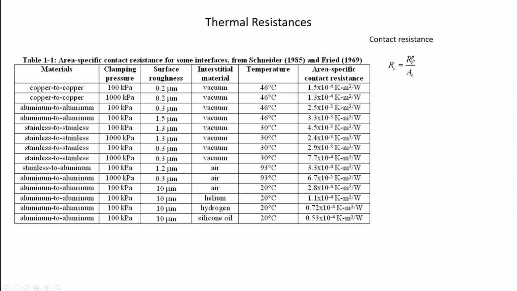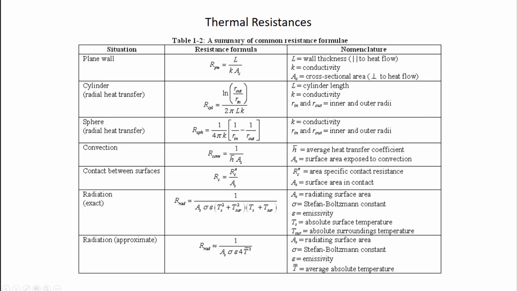The units of area-specific contact resistance must be Kelvin times meter squared per watt, right? Because then you're going to divide it by an area to get a resistance in Kelvin per watt, right? It makes sense if you think about it that the bigger that area gets, the smaller that contact resistance will get. So you divide by that area, you don't multiply by it. All right, so this is then our list of thermal resistances.